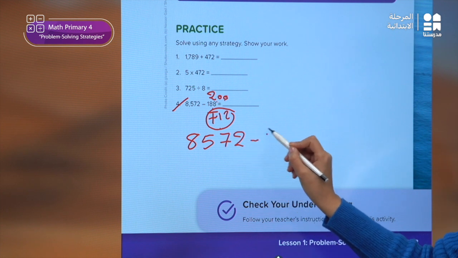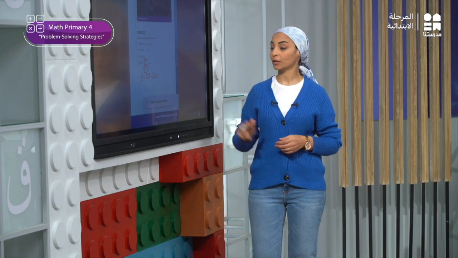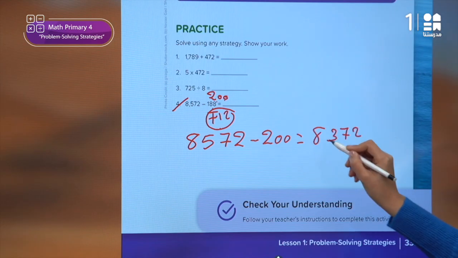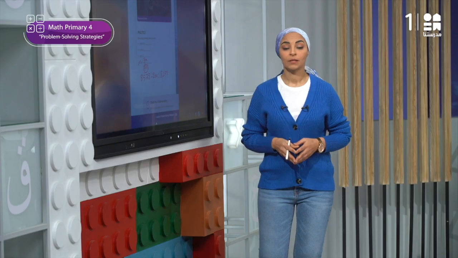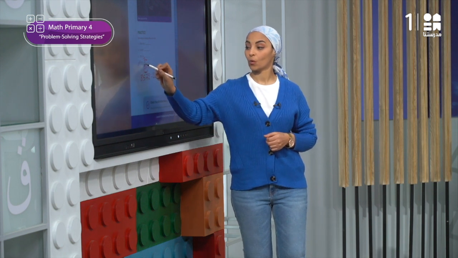8572 minus 200. Okay, so the answer will be what? The answer will be 8372, right? Now I increased the subtrahend, right? I did plus 12 to 188. So what must I do? We have to add what we increased.